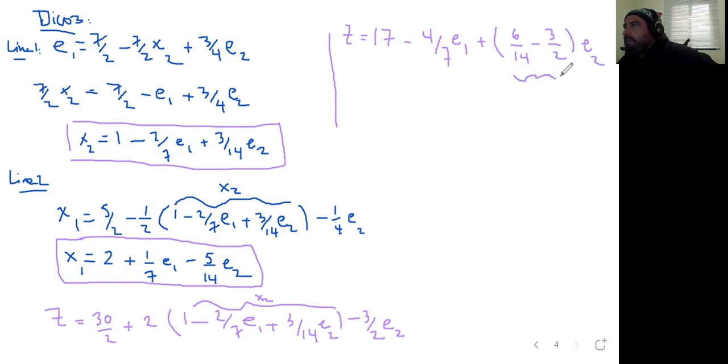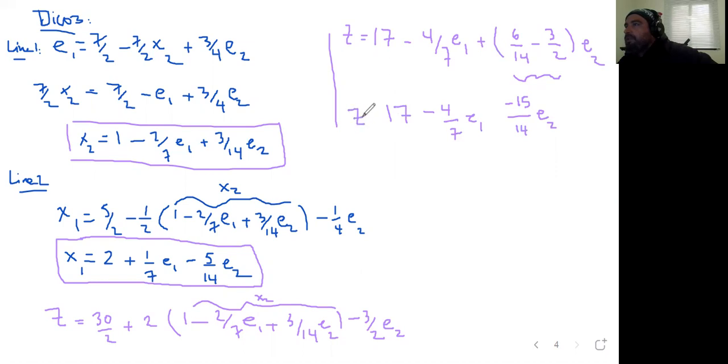So this number, guys, is 6 minus, multiplied by 7, 6 minus 21, so over 14, I think. Yeah, minus 15/14. Okay, so now the computation is fully in fractions, as you see.